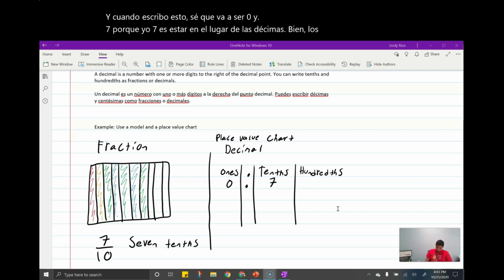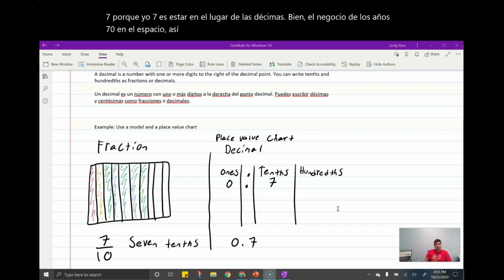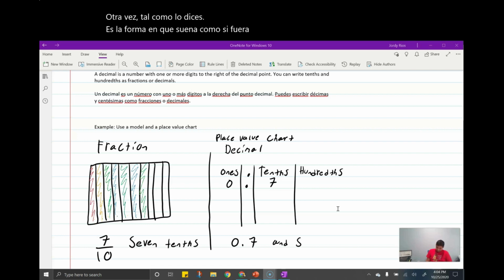So therefore I'm going to write 0 and 7 tenths, okay? Again, just the way you say it is the way it sounds like. It's the way you see it. It is the way it is. Okay, and 7/10.